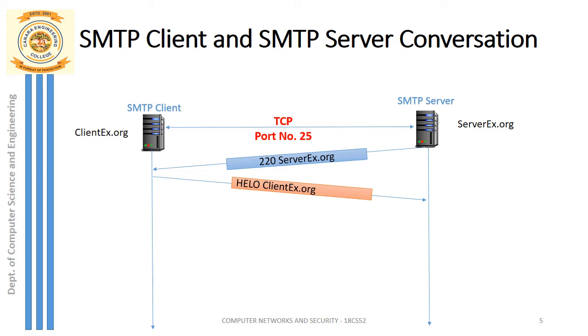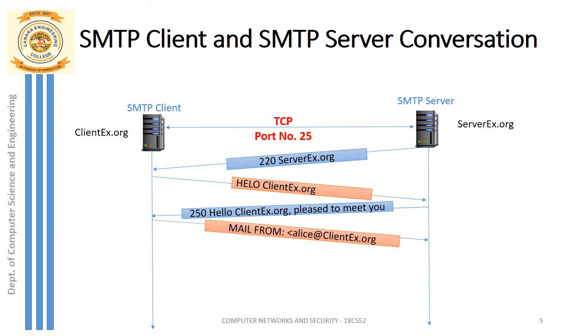Once the server receives the hello message from clientx.org, the server will send an acknowledgement by using the given message. These are the commands exchanged between the SMTP client and SMTP server, which is called the handshaking procedure.